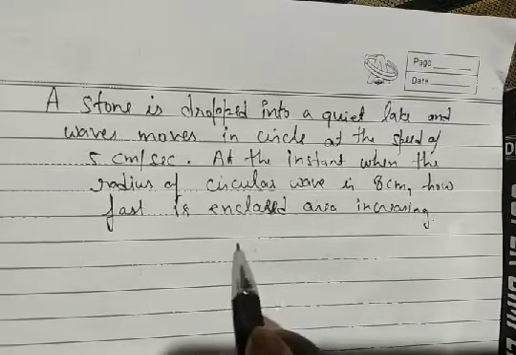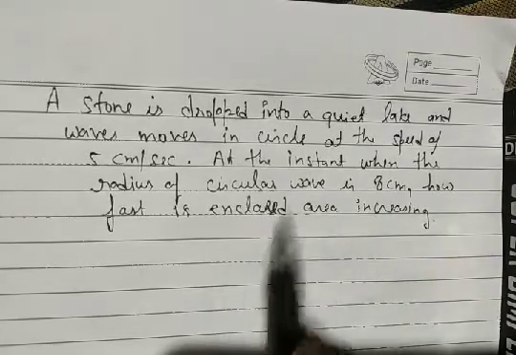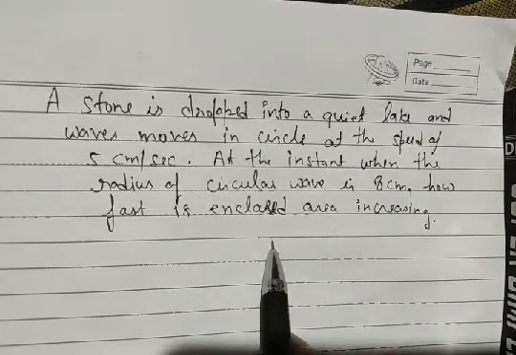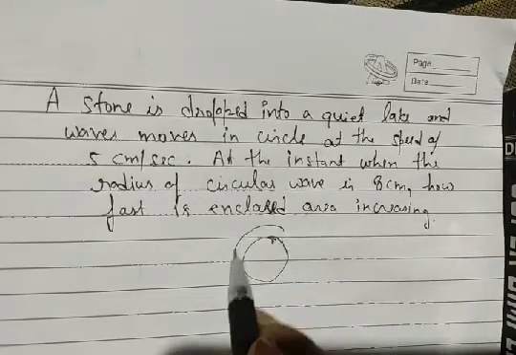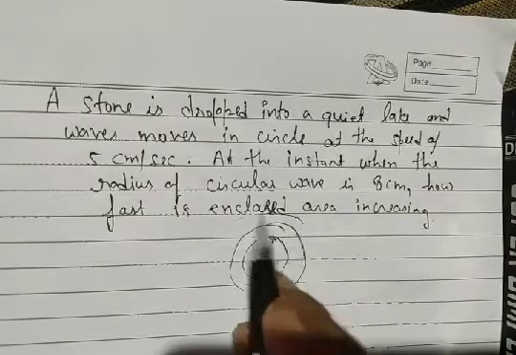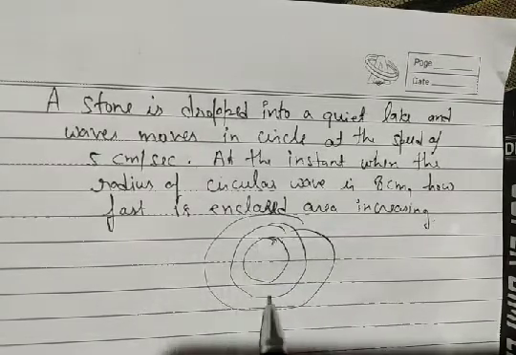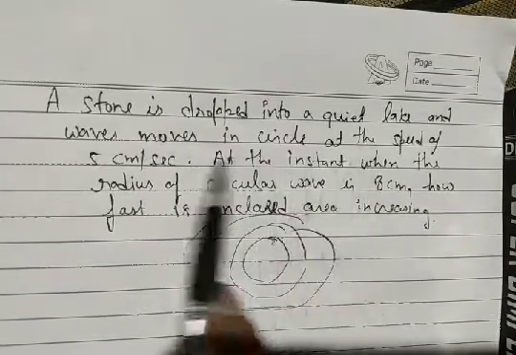When there is disturbance in water, our waves spread in the form of a circle.